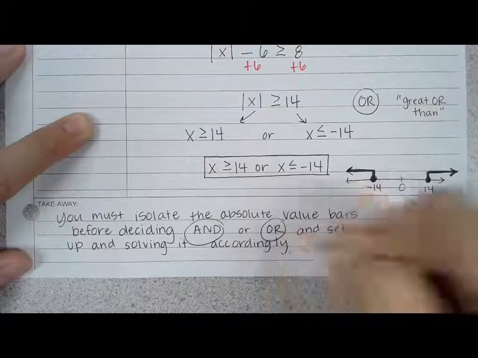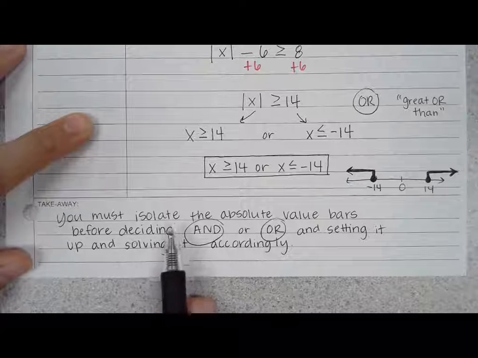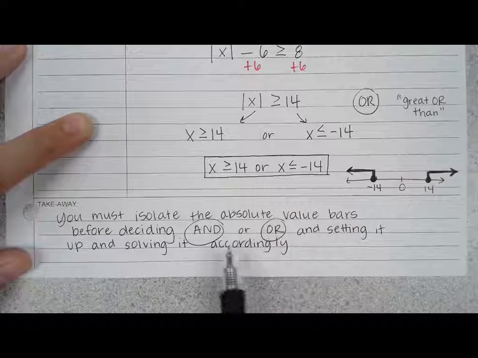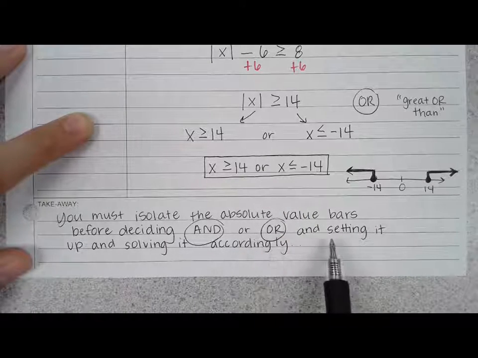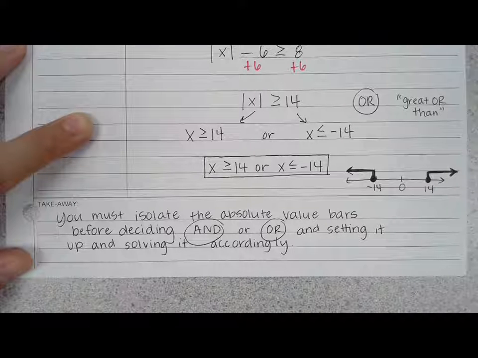And so it is important to notice that you get the part that's inside the bars all by itself, then you decide if it's an and or an or, then you decide how to set it up, and then you decide how to solve it.